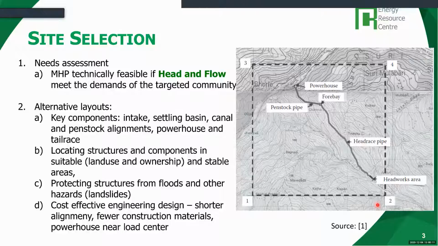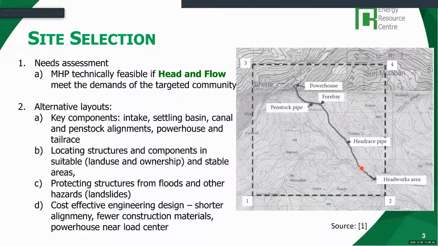So what that means is, if you design your project for a high flow available only in some months of the year, you will not be able to generate at full capacity.